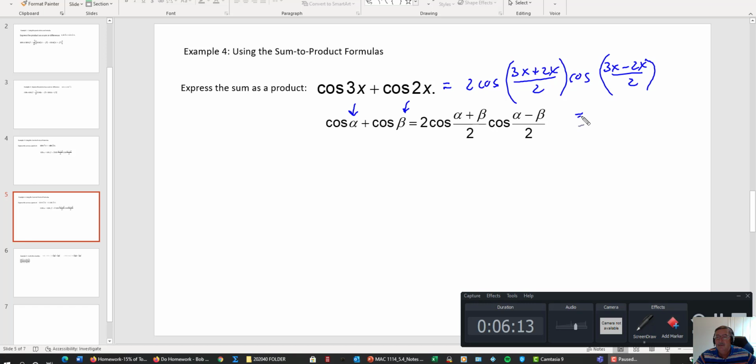That gives us, for a final answer, 2 times the cosine of 5x over 2 times the cosine of x over 2. So that is how that one would work, and then we will move on here.